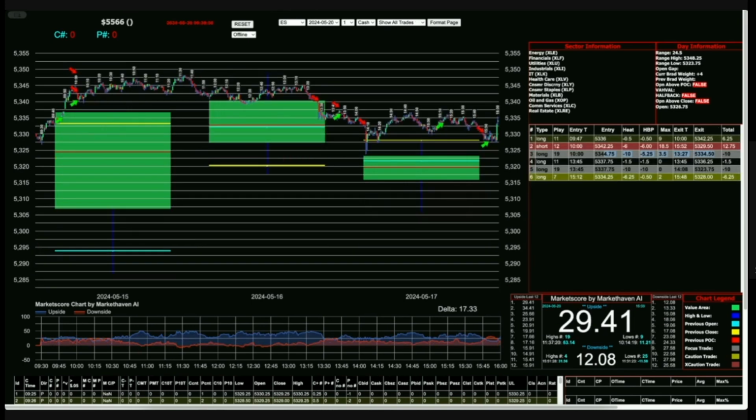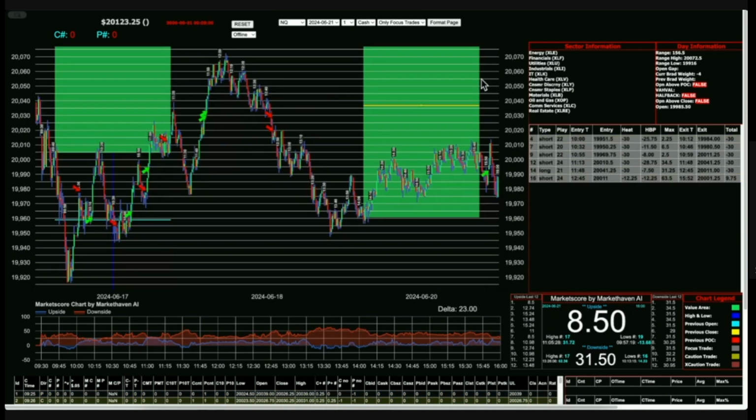But like on this day, the 10 o'clock trade, you can see that this is the ES, and the 10 o'clock trade on the NQ came at the exact same time. So it depends on the day, but I'm sure you get the point. It really is a matter of where the focus trade shows up that you potentially could be taking. You could be bouncing back and forth between the NQ and the ES on the focus trades you could take.